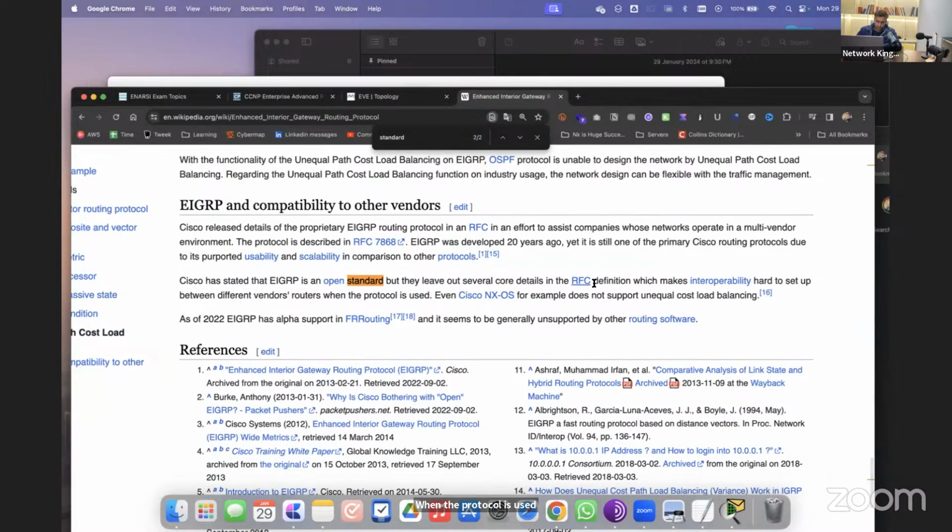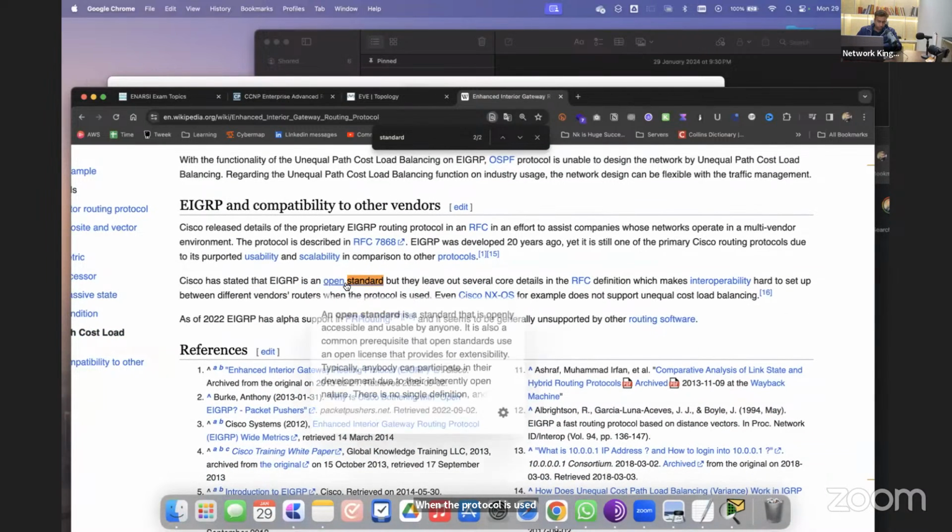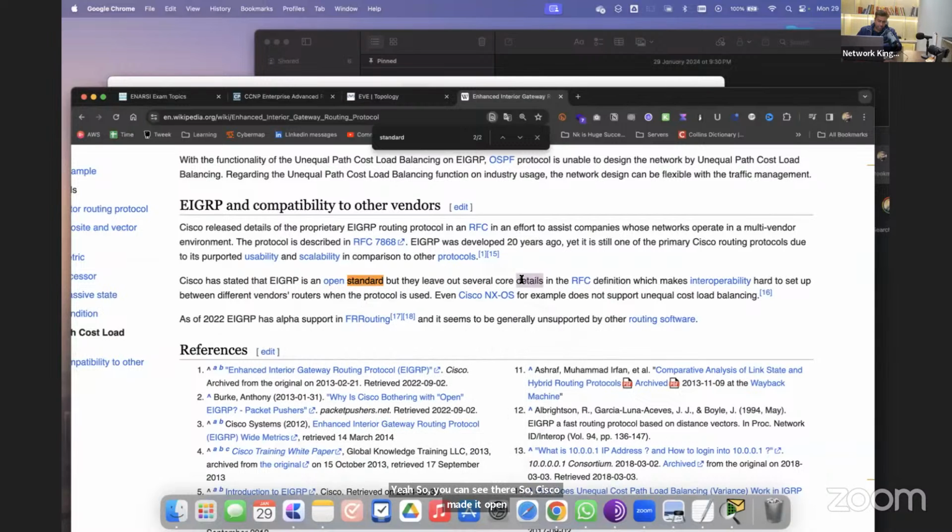So Cisco made it open standard, but there are some details which Cisco has not shared. Due to this problem, other companies are not able to set up EIGRP in their routers.